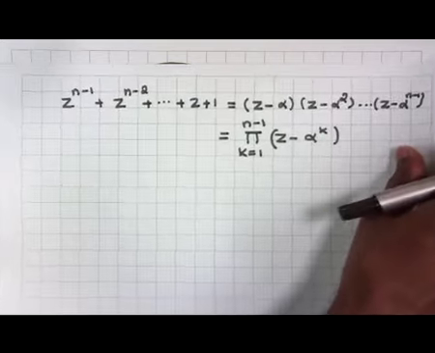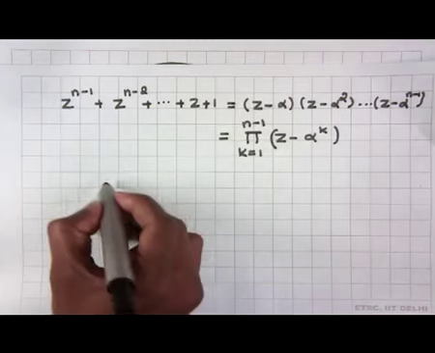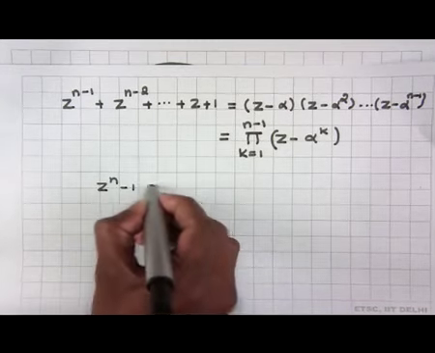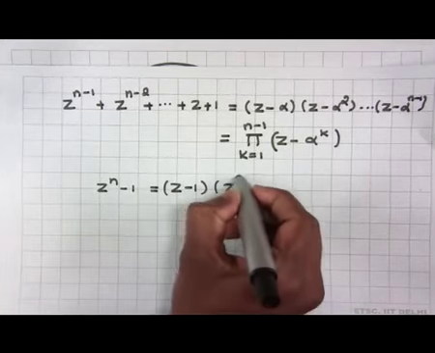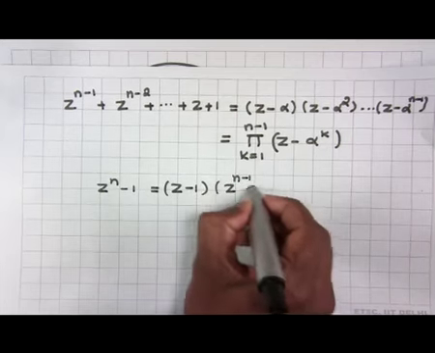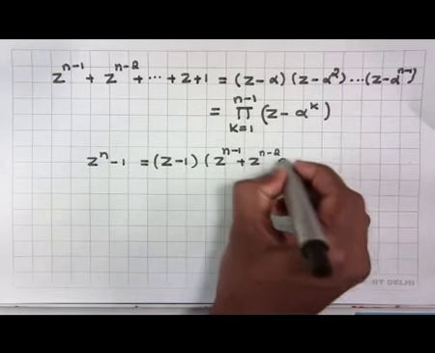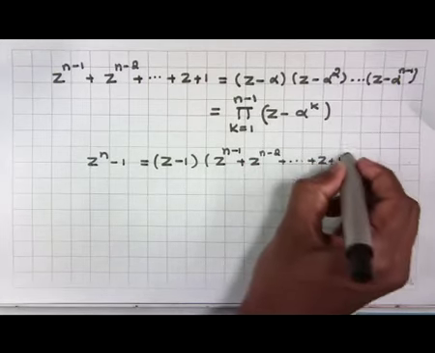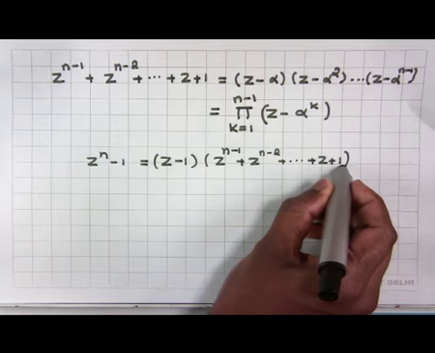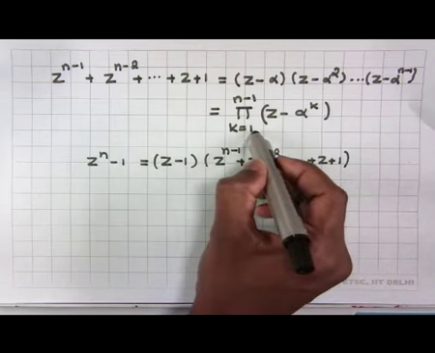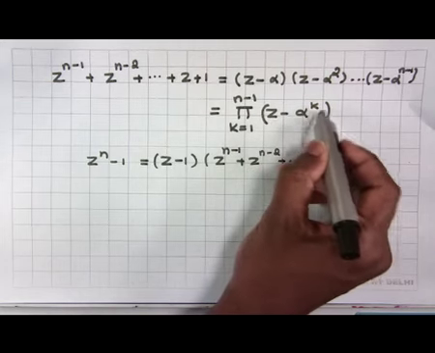If you recall this identity, z power n minus 1 can be factored as z minus 1 product with z to the power n minus 1, z to the power n minus 2, and thus the polynomial can be factored as product of z minus alpha power k, where alpha k is nothing but the nth root of unity.